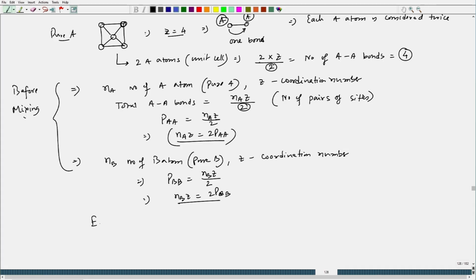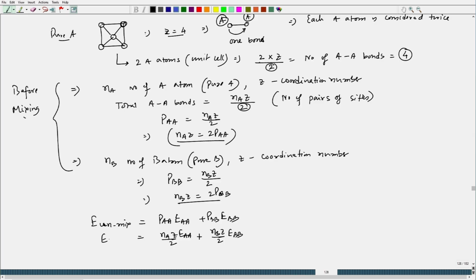So, then E unmixed is nothing but PAA EAA plus PBB EBB, which should be equal to NAZ EAA by 2 plus NBZ by 2 EBB, fine.